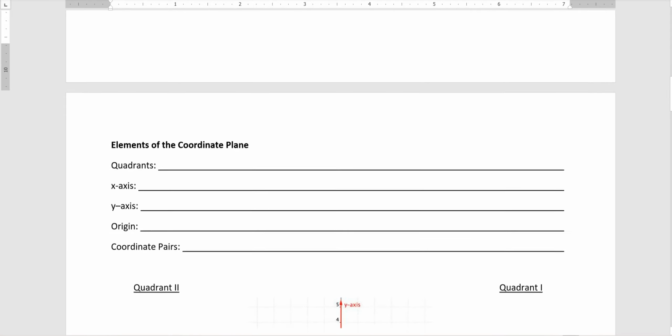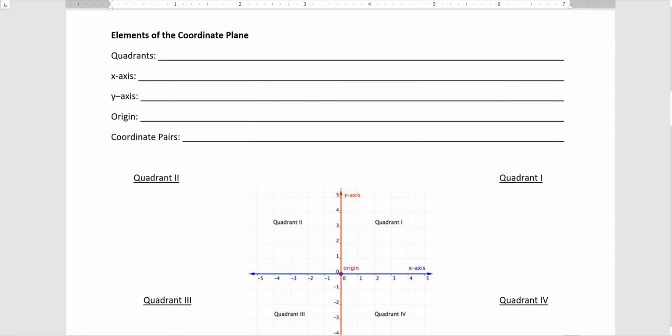Next, we're going to talk about elements of the coordinate plane. We're going to define a couple terms, and then we're going to get into these terms and how we can use them when we're plotting points and things like that. So first term, we're going to define our quadrants. Quadrants are the sections the coordinate plane is split into. There are 4 quadrants, that's why it's called quadrants.